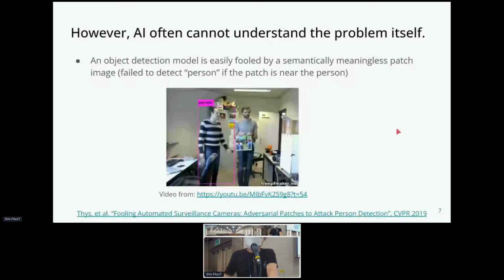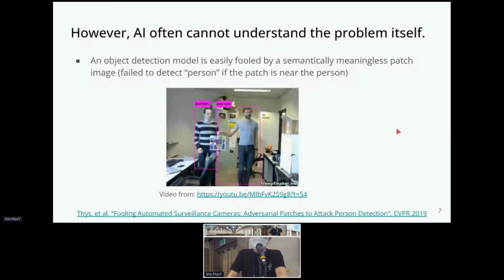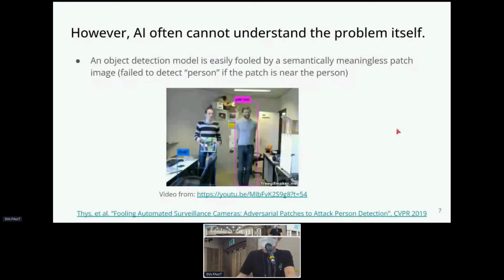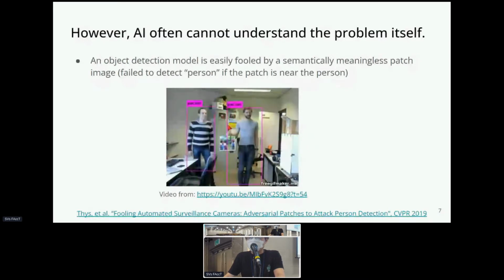The problem is that this AI often cannot understand the problem itself. For instance, here, an object detection model is very easily fooled by a semantically meaningless patch image. This is an image, and this is the meaningless patch image. You can see that when this guy moved this patch image to another guy, it failed to detect the person class because of this dumb patch.